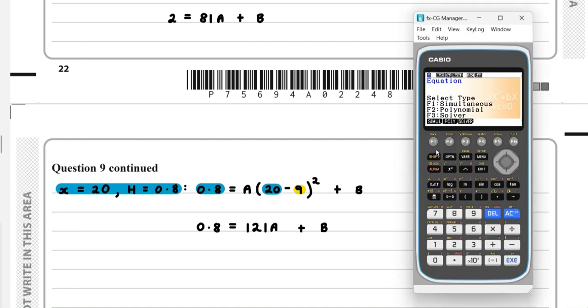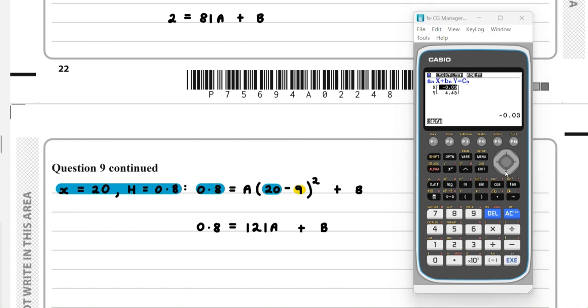We have a simultaneous equation with two unknowns. 81a plus b equals 2. 121a plus b equals 0.8.